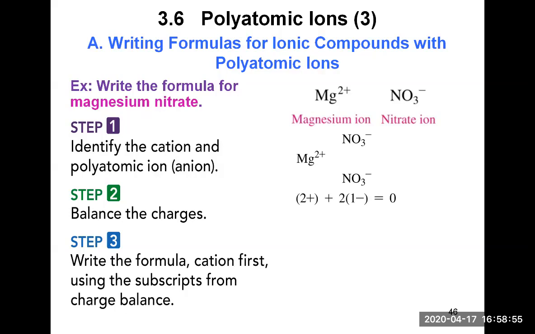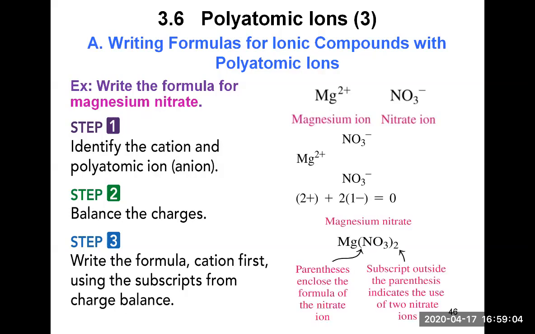You always write the formula by writing the cation first and then the anion. And here it will be Mg(NO3) with a subscript 2, with parentheses around NO3. For magnesium, we need only 1. The subscript 1 is implied for magnesium. And then the nitrate, we need 2 of them to cancel the charges on the magnesium.